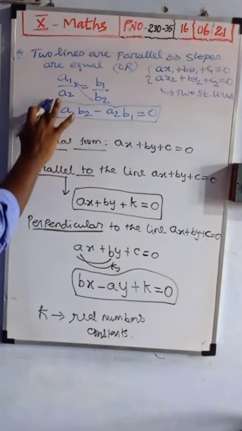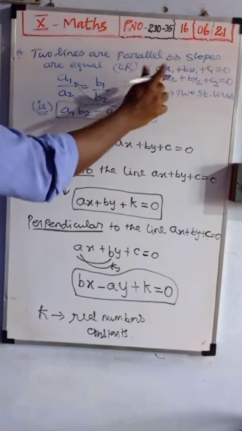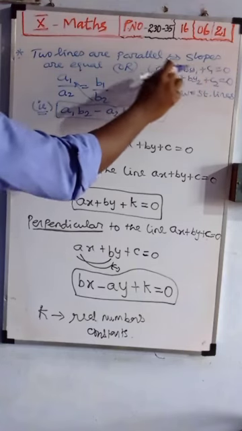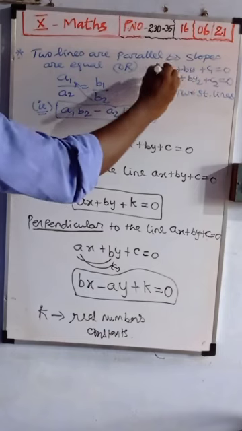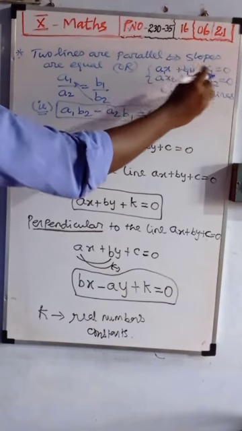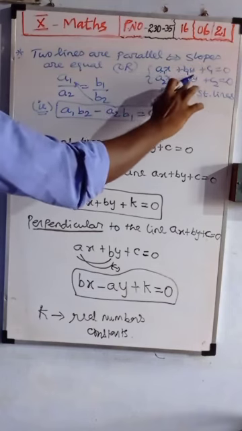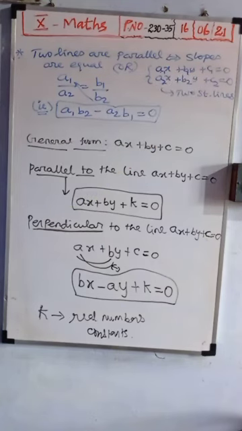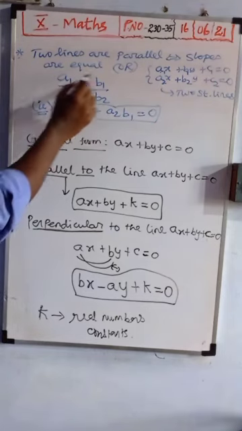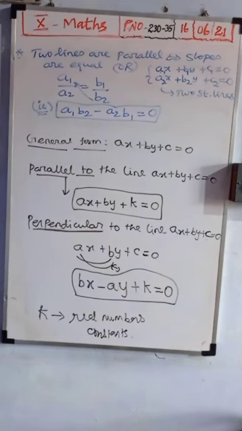Okay, 0 means the lines are parallel. Here also this condition is there: these coefficients will not be 0. Here two straight lines, a1x plus b1y plus c1 and a2x plus b2y plus c2 is equal to 0. Here the coefficients will not be 0, then only we can apply this condition, or else usually you want to find the slope. Okay, this is one formula.